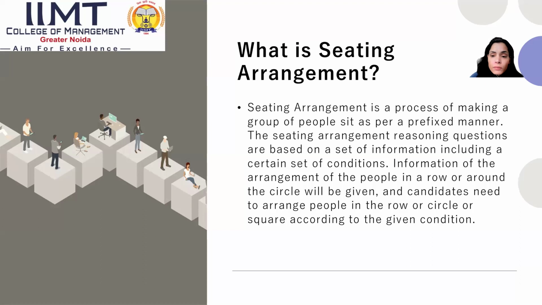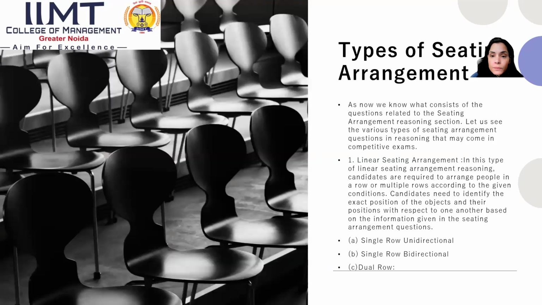Means whatsoever question comes, then we will study that carefully and we will arrange this information and conditions. Information of the arrangement of the people in a row, around a circular shape, around the rectangular shape, whatsoever conditions there will be, then we will arrange these questions.